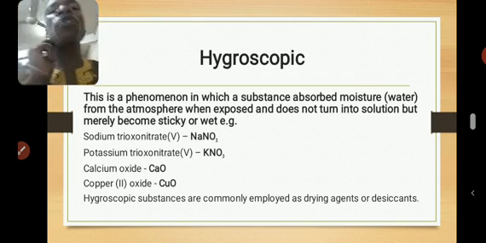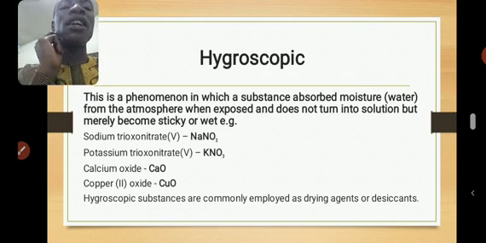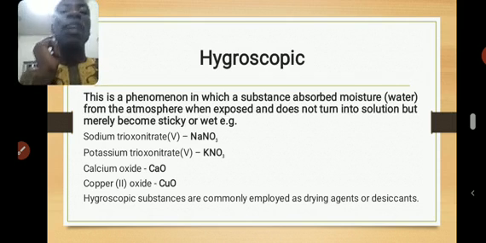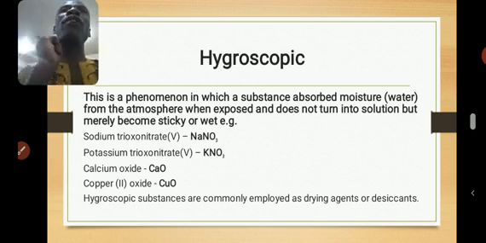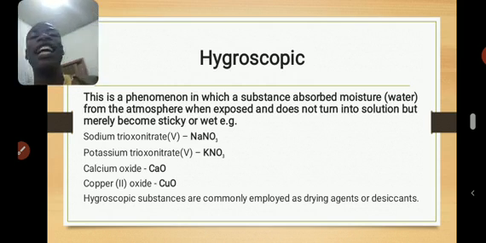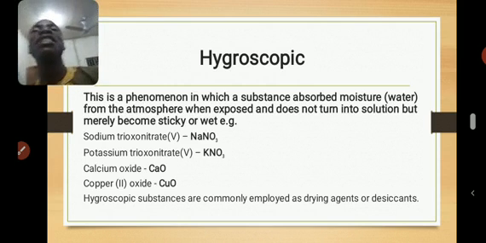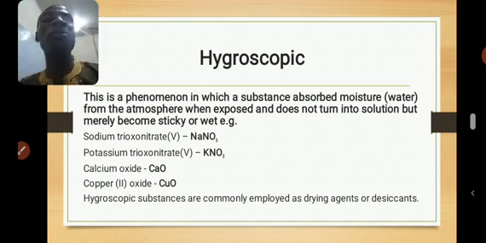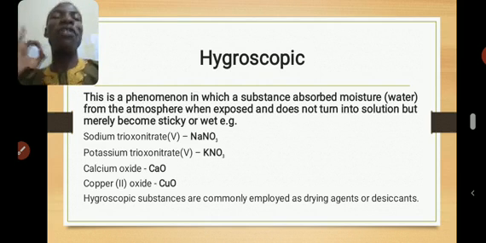Examples of hygroscopic substances are sodium nitrate, potassium nitrate, calcium oxide, copper(II) oxide. There is one important liquid. That liquid is a hygroscopic substance, and it's very important for you to know it.